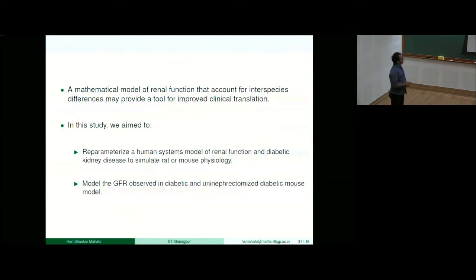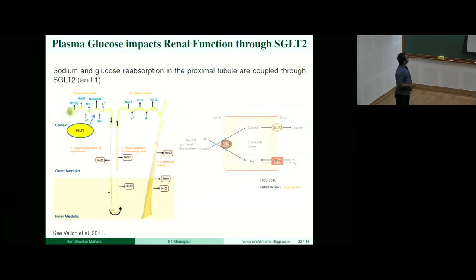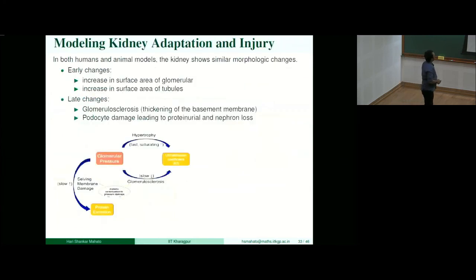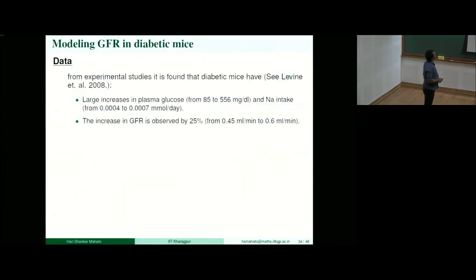So we increase the glucose level in our model, and so basically what would happen is we considered this work of Levine, and there they have modeled the diabetic effect in mice. So we increase the glucose level from 85 milligram per deciliter to 556 milligram per deciliter.